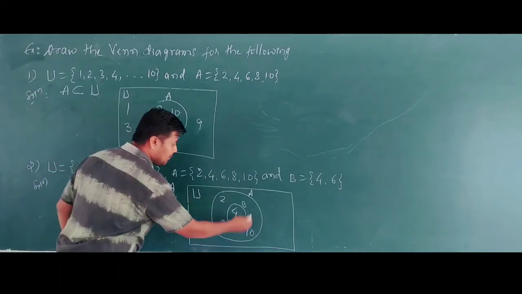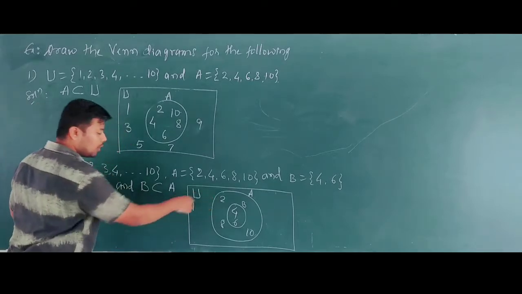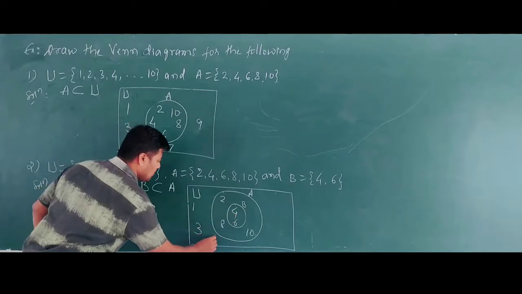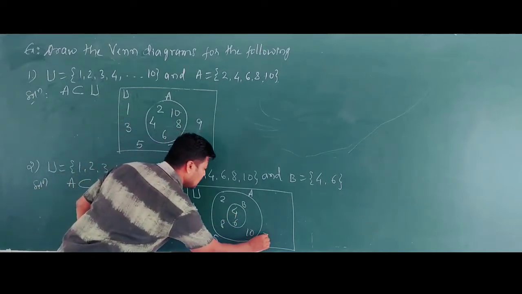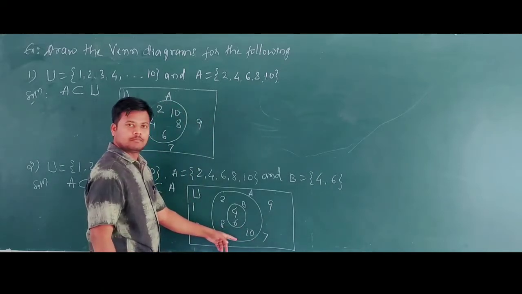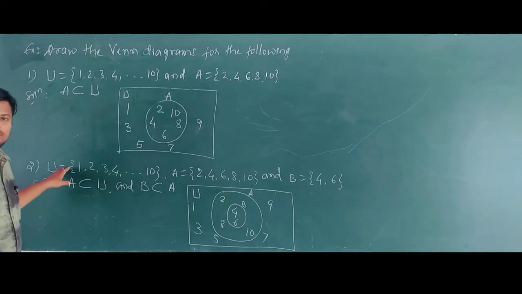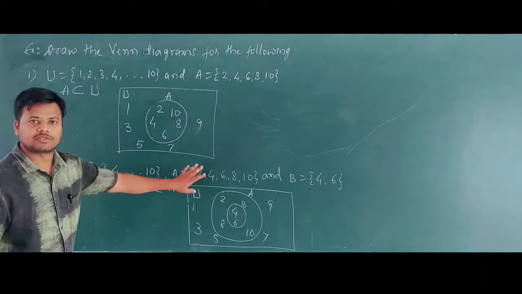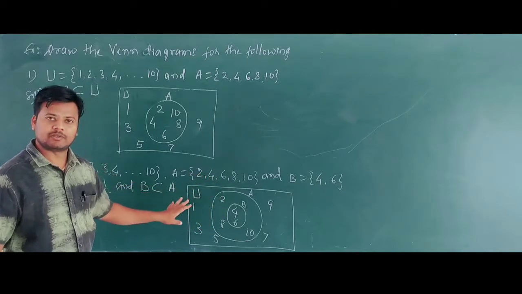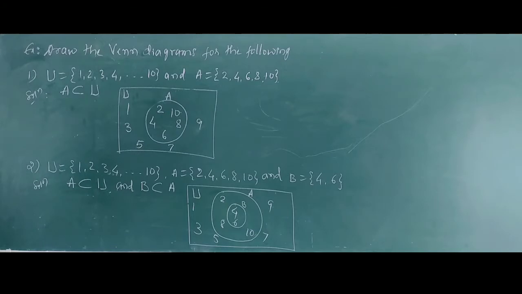Already A and B are in U. The remaining elements are 1, 2 already, 3, 4, 5, 6, 7, 8, 9, 10. So this is how we represent the universal set and subsets of the universal set in Venn diagrams. Is it clear? Note down these examples.